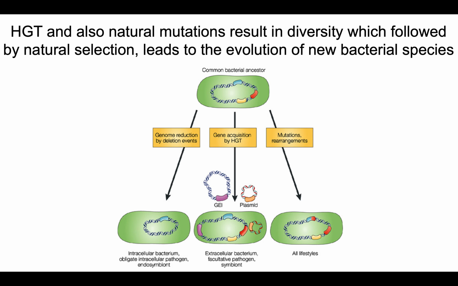Okay, and what does this lead to? Diversity. If the diversity is favorable by natural selection, then in the long run it will lead to the evolution of new bacterial species. And one of the hot topics today is the arising of bacteria that are resistant to all antibiotics.